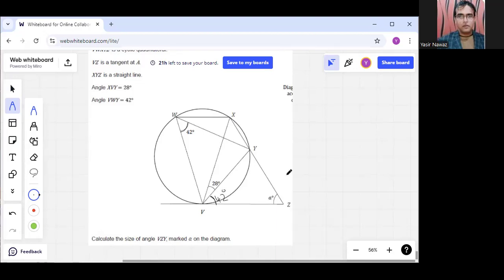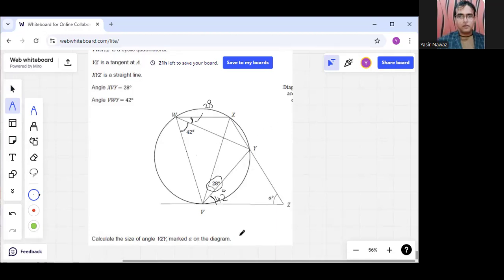Another thing is that if this angle is 28, then here the angle, angles in the same segment are equal, so this angle would also be 28.